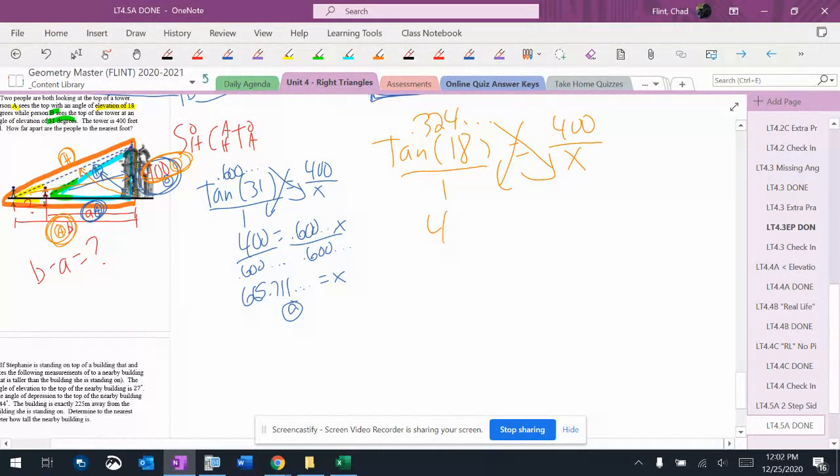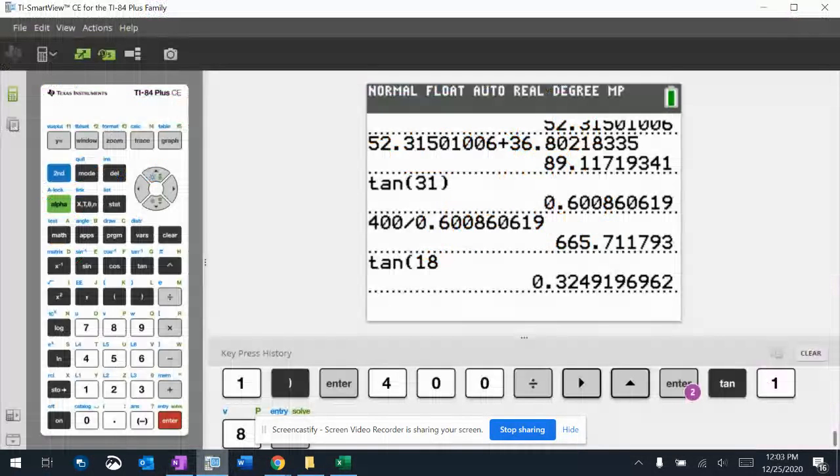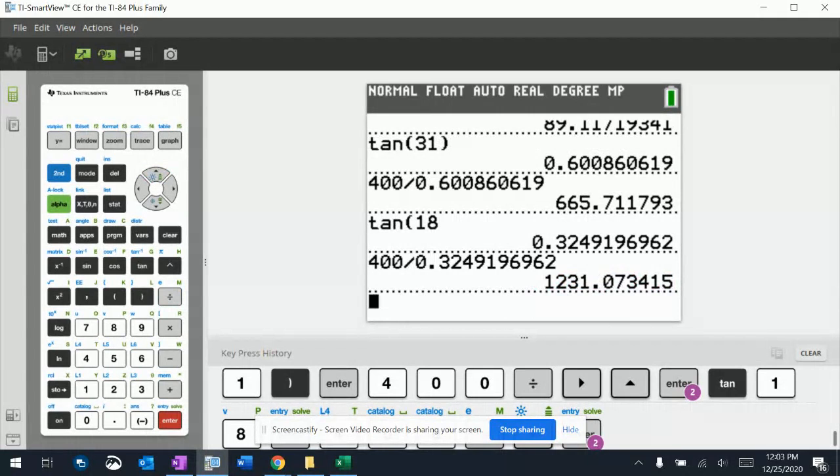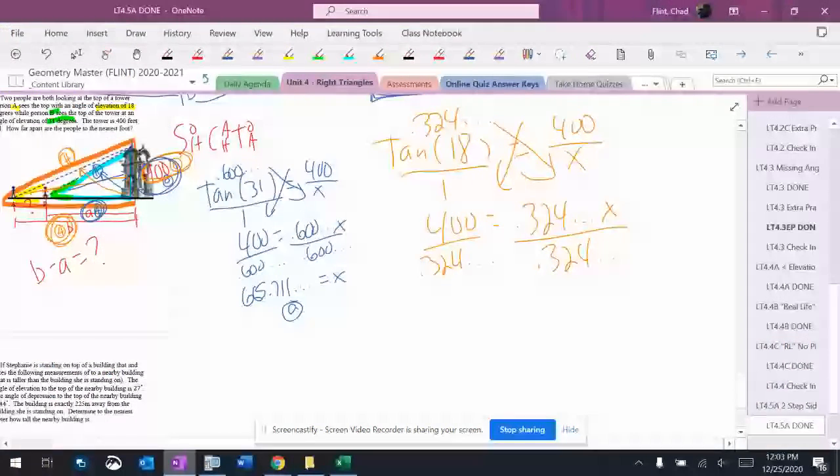Cross multiply and I get 400 equals 0.324x. Solving gives 1231.073. That's side B.